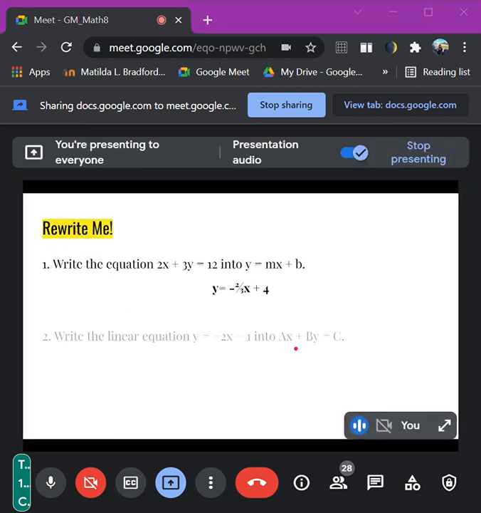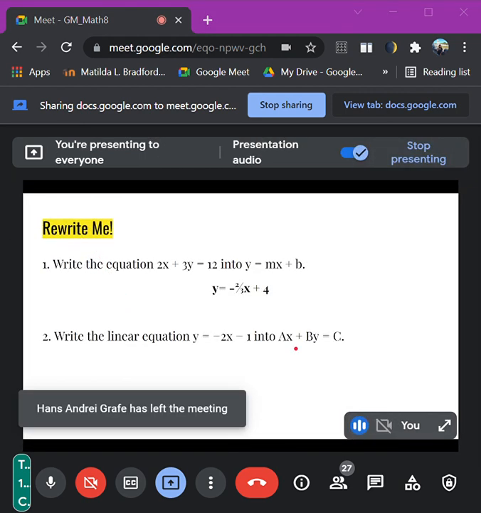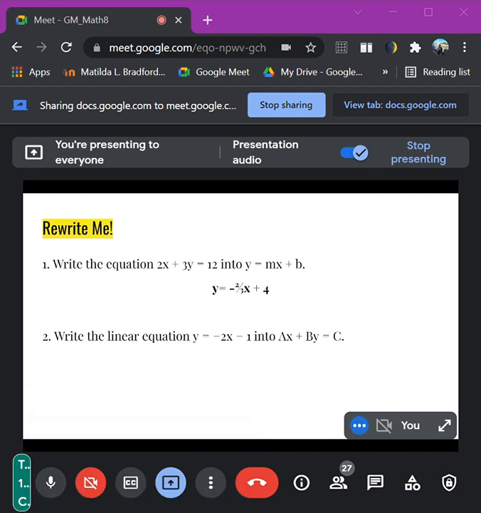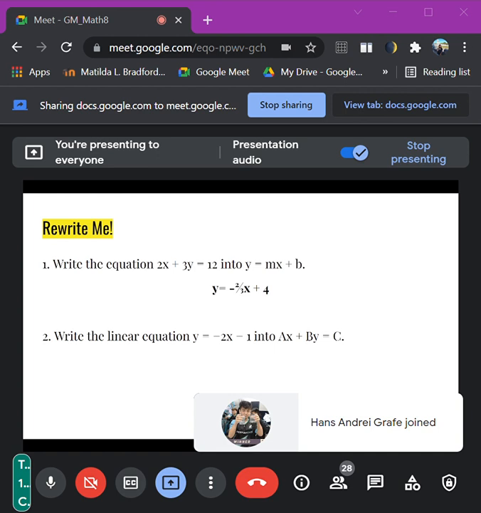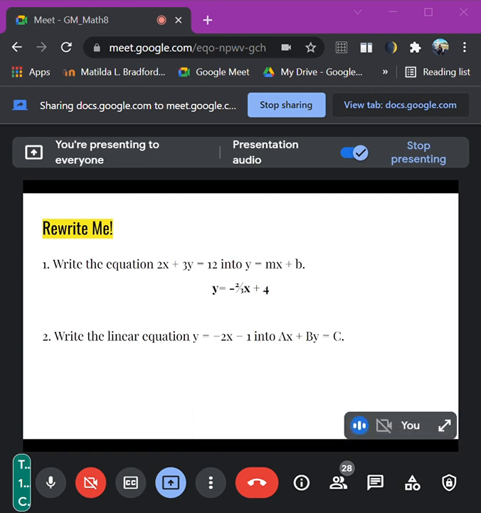Now, let's go to the next one. Write the linear equation y is equals to negative 2x minus 1 into ax plus by is equals to c. So from slope-intercept form, we're going to change it into standard form.